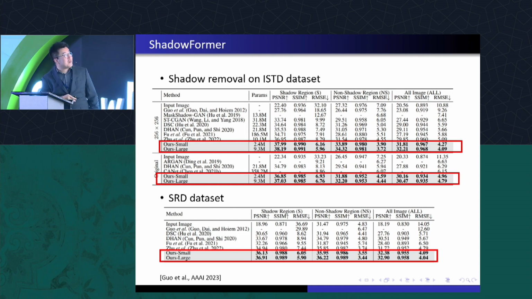You can see the model size drops by more than 10 times compared to the previous state of the art, and we also have better performance. Our shadow removal PSNR and SSIM also improve compared to the existing state of the art. This is owed to having an understanding and modeling of the degradation model as well.